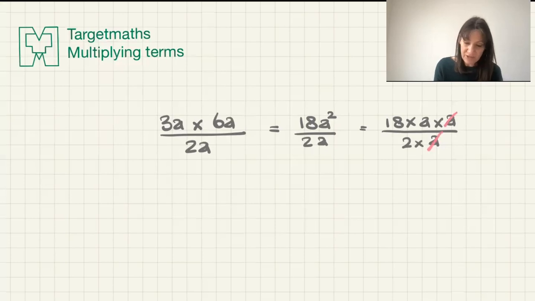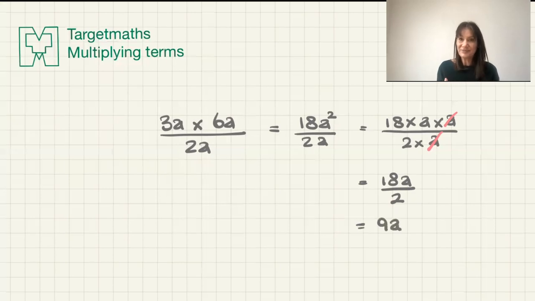I can't do anything with this A because I don't have another one down here to match it to. So this looks like 18, and I'm going to squash that A back in, over 2. Now I'm going to do the number work I can see. I've got 18 divided by 2, which is 9, and my A is still in the answer.